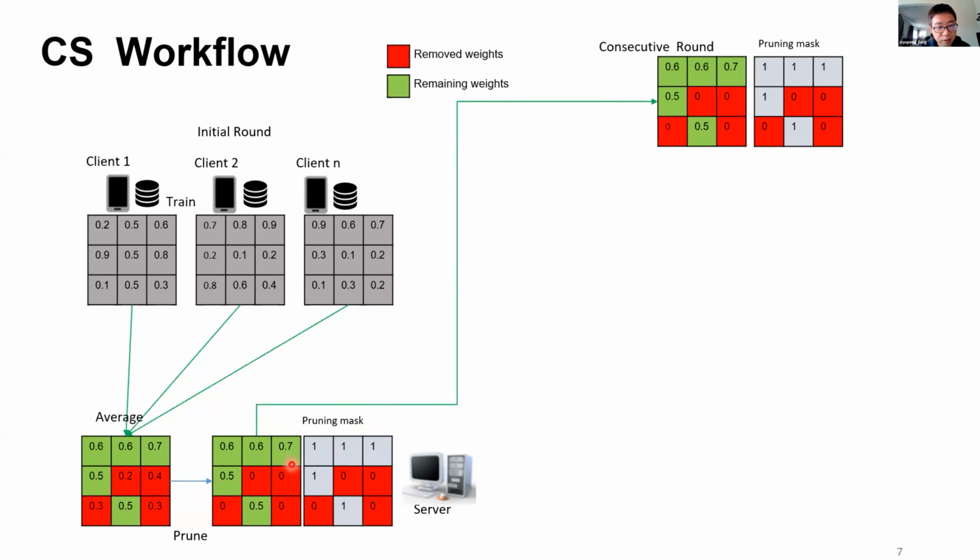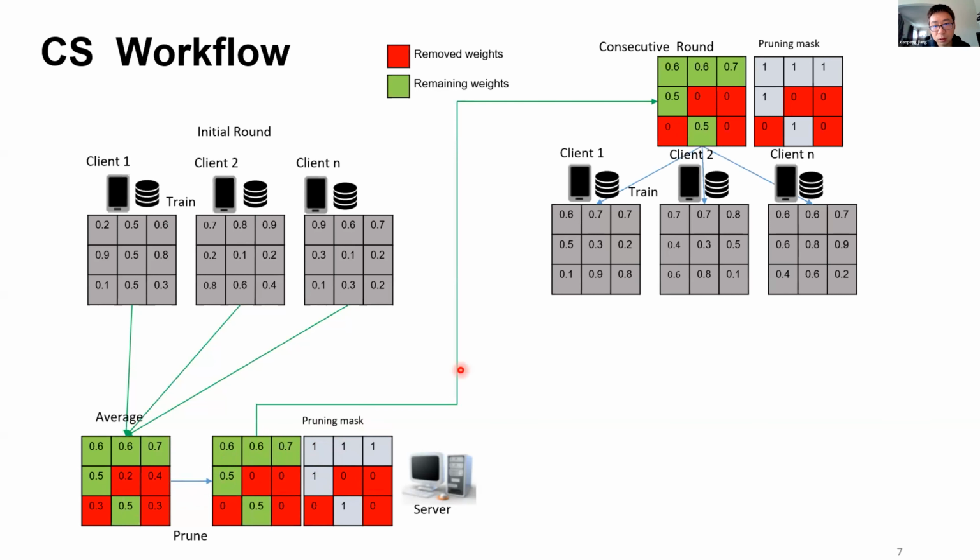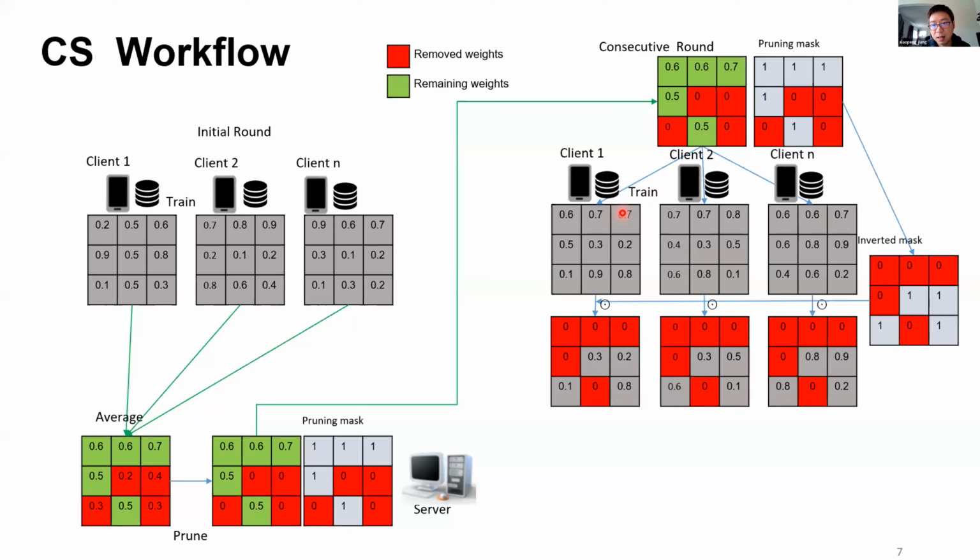And then the server sends the global sparse model to the clients, and the clients can fine-tune the global sparse model received from the server with their local data again, and produce new dense models. And then the clients apply the inverted mask to the client's dense model to produce client sparse models.